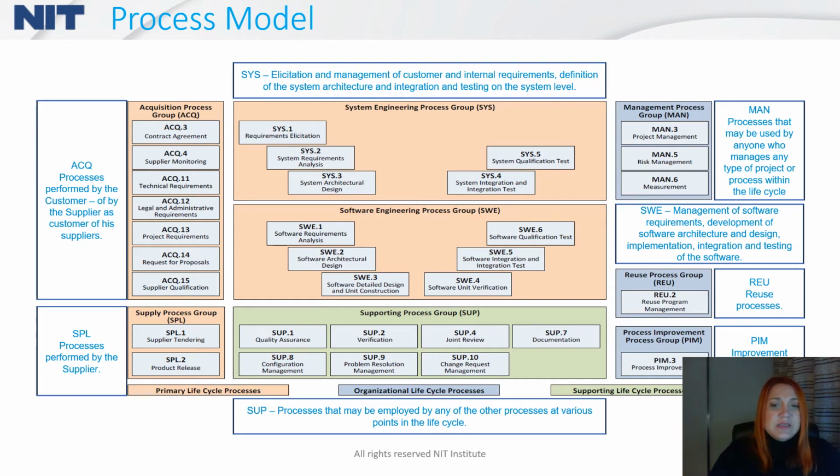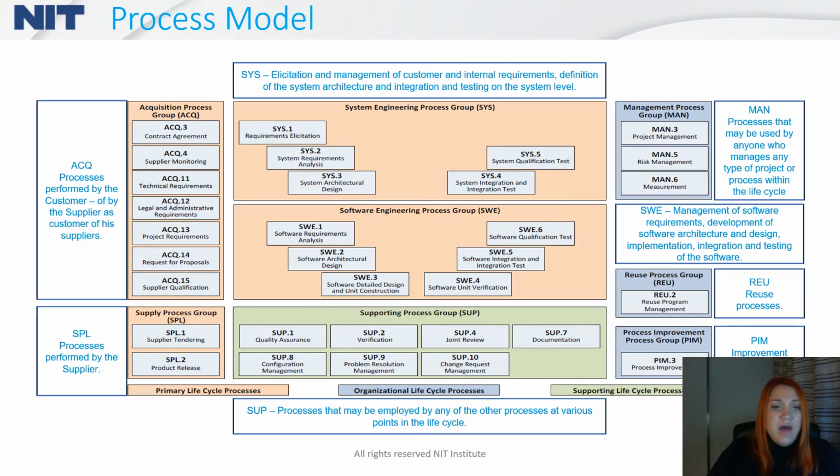For example, in the system engineering process group, elicitation and management of customer and internal requirements, definition of the system architecture, and integration and testing on the system level are described. And you can see that in the blocks from SYS.1 till SYS.5.